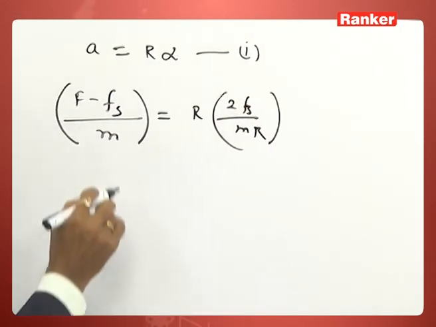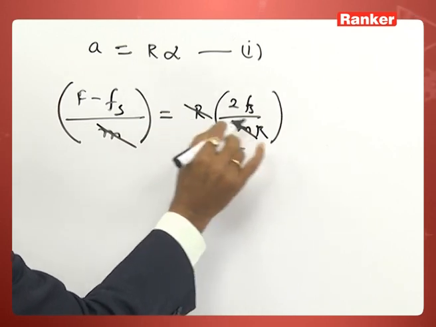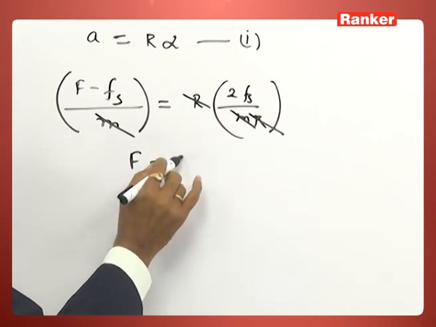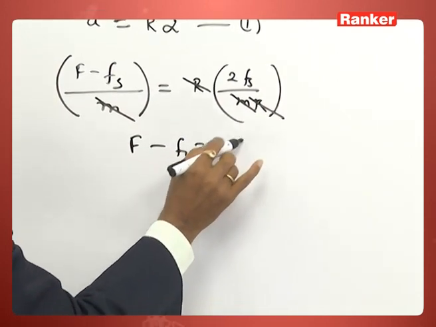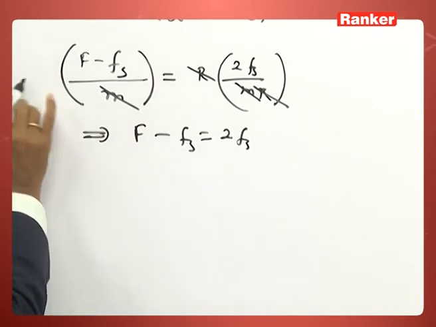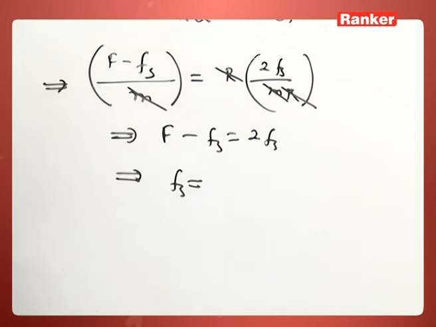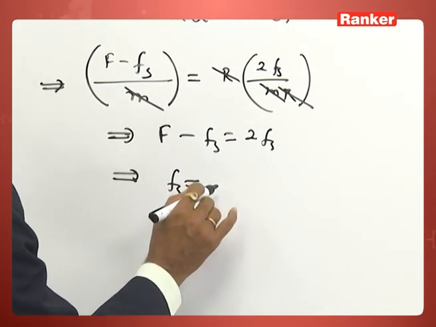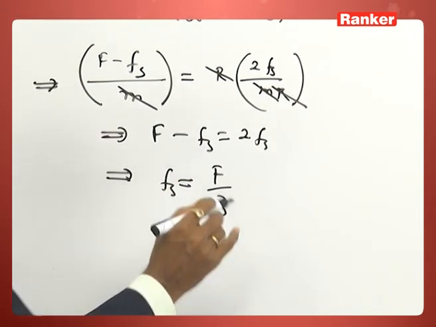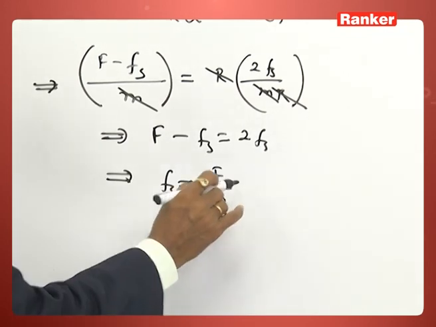To get F minus Fs is equal to Fs, and this gives us the magnitude of the static friction required for pure rolling, F by 3. Answer.